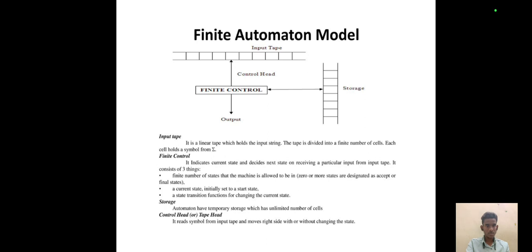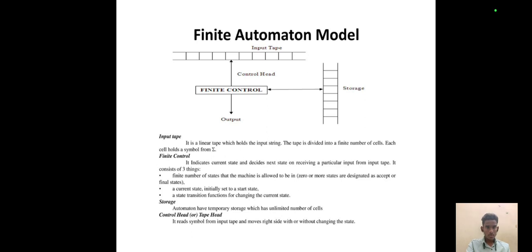It consists of three things: a finite number of states that the machine is allowed to be in; zero or more states designated as accept or final states; a current state initially set to a start state; and a state transition function for changing the current state.